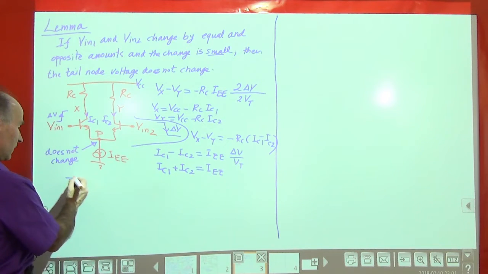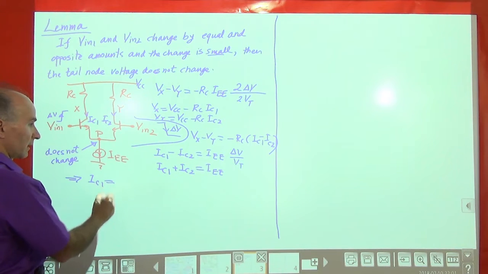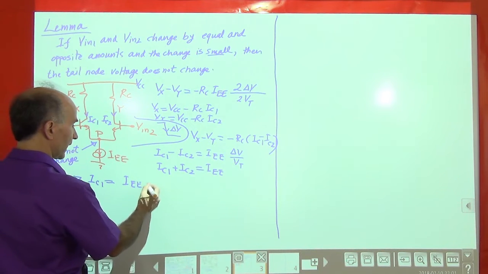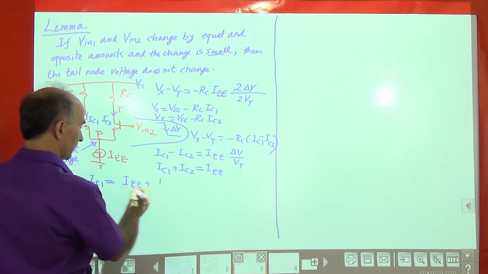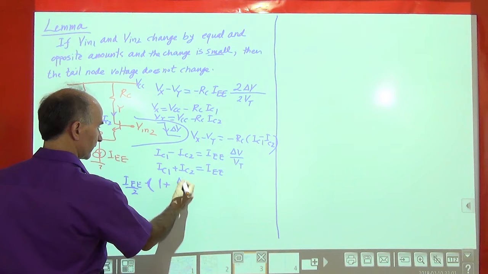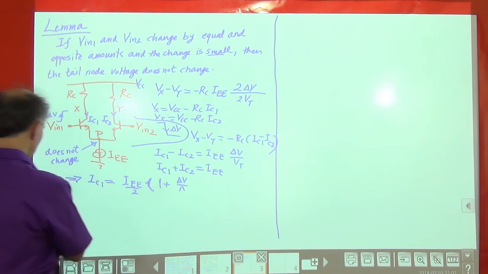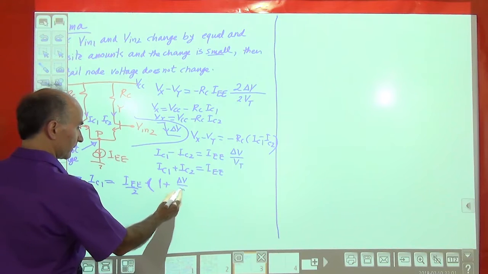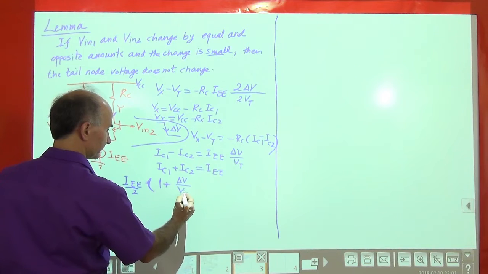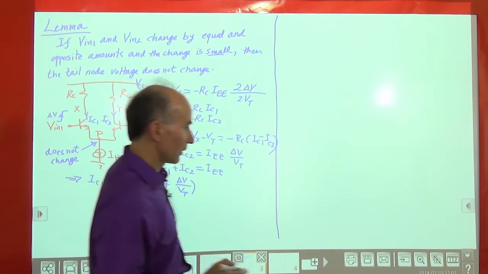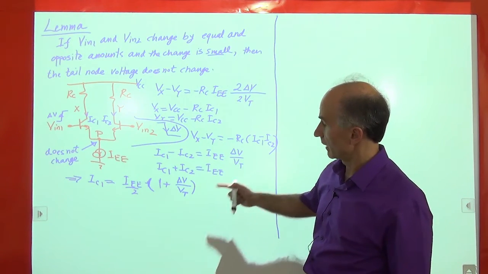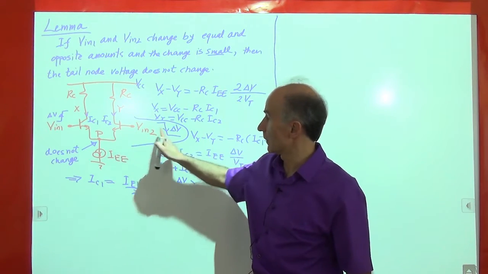So that means that IC1 is equal to IEE over 2, times 1 plus delta V over Vt. Okay, so this gives us the change in the collector current of Q1 as a result of this voltage change that we applied, delta V on this side minus delta V on this side, right?